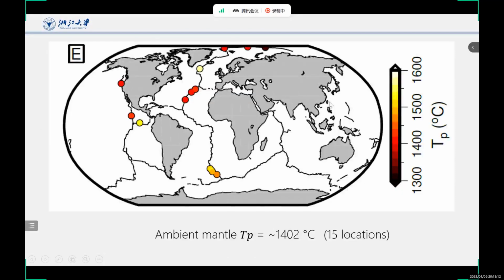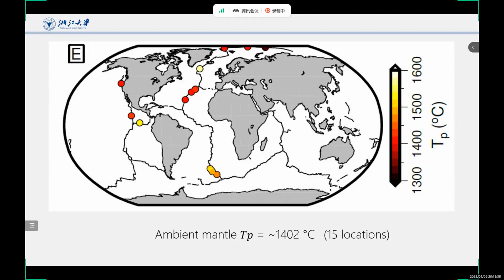Then they exclude some high temperature points, which are larger than 1450, because they think those points are related to the plume, related to some higher temperature case.